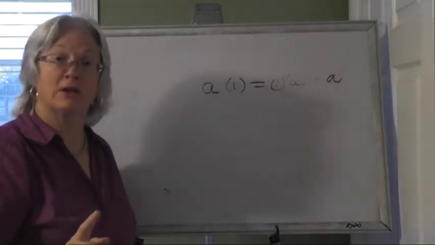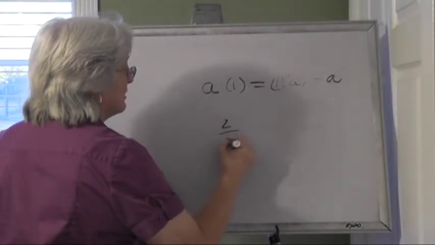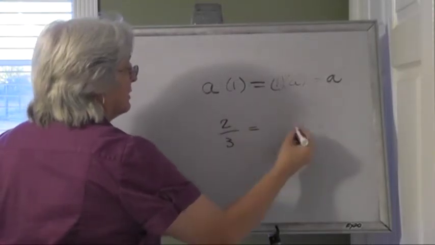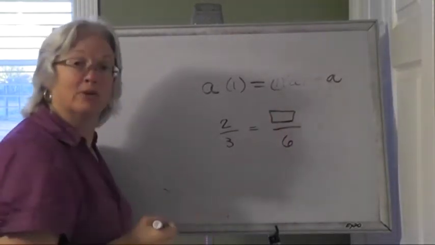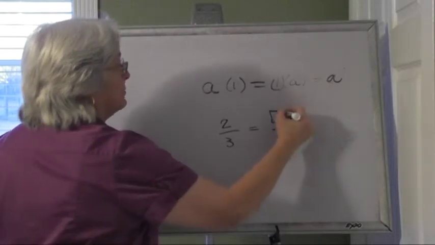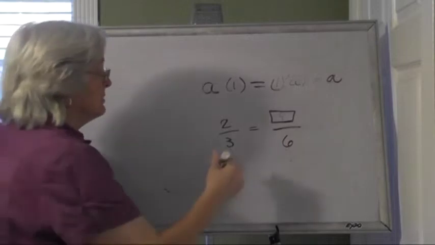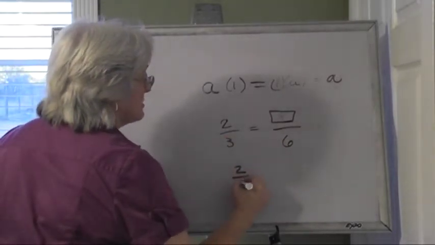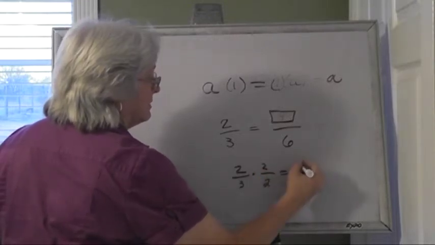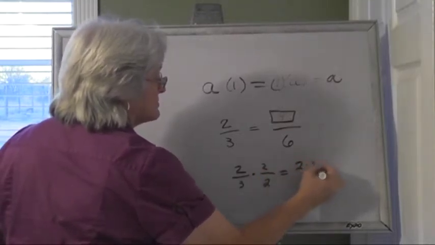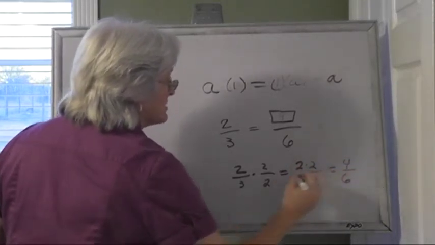And you use this all the time in elementary school when they said, okay, rewrite this fraction here with a denominator of 6. What did you have to put in your little box here? Well, you had to put a 4. And the way that you did this as you moved on up a little bit in school was you said that 2/3 times 2 over 2 gave you 2 times 2 over 3 times 2, which gave you 4/6.